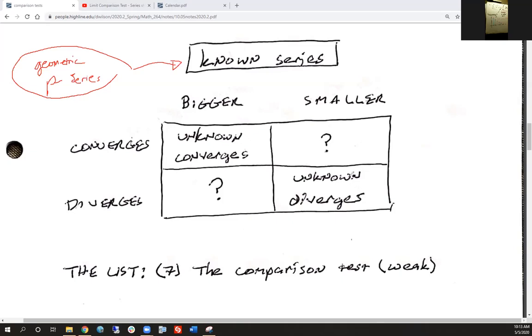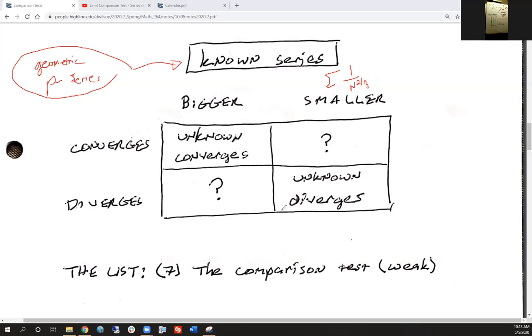So in the case that we were just looking at, the known series was the sum of 1 over n to the 2/3, and it lived in which of these boxes? Top or bottom, left or right?